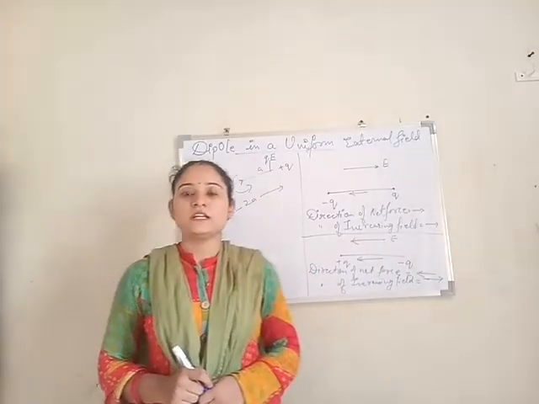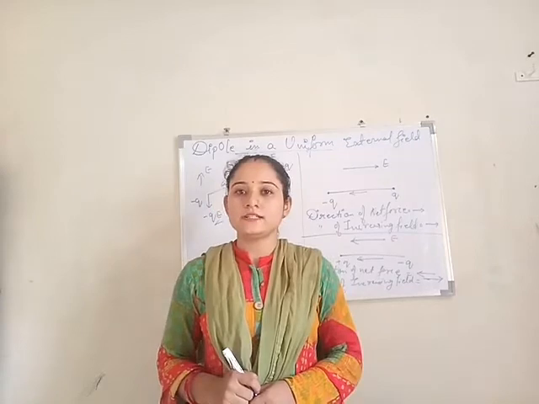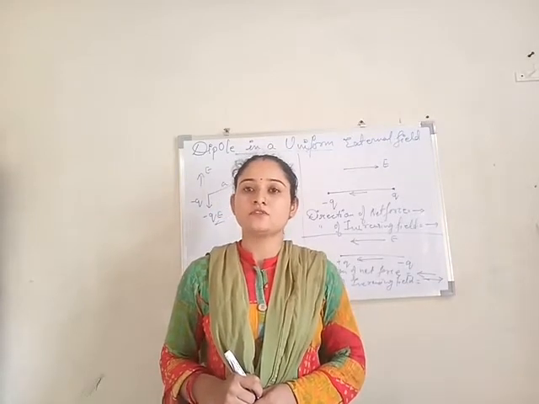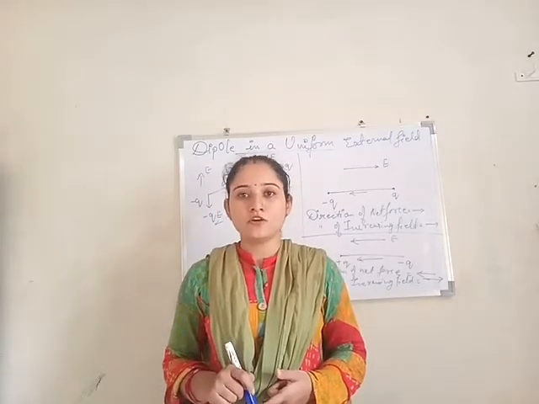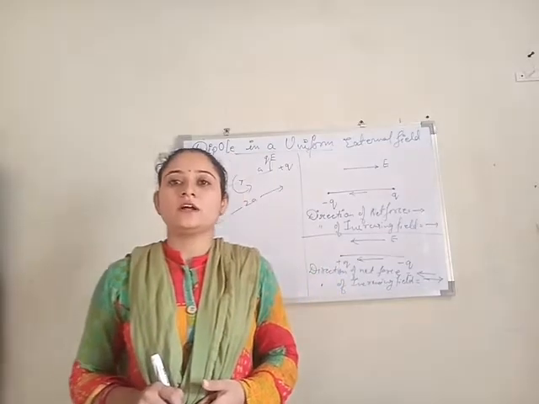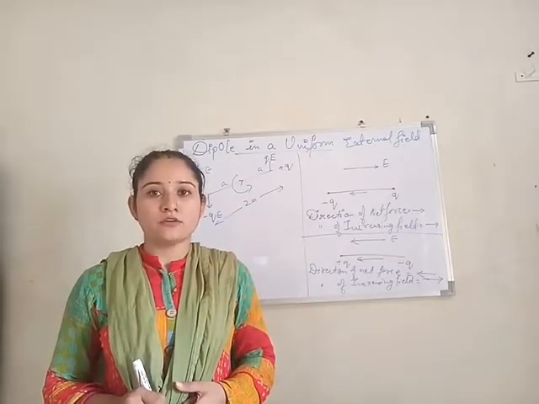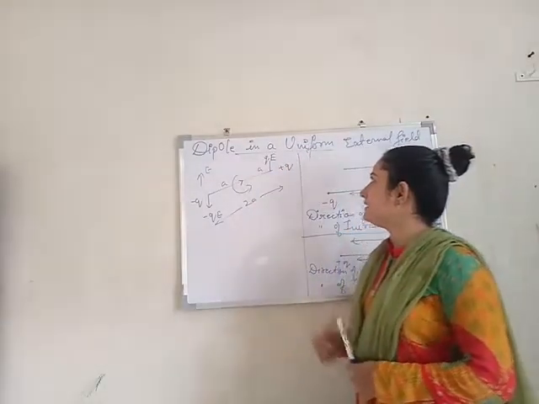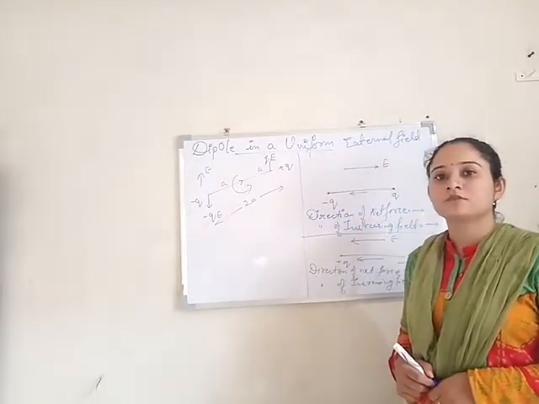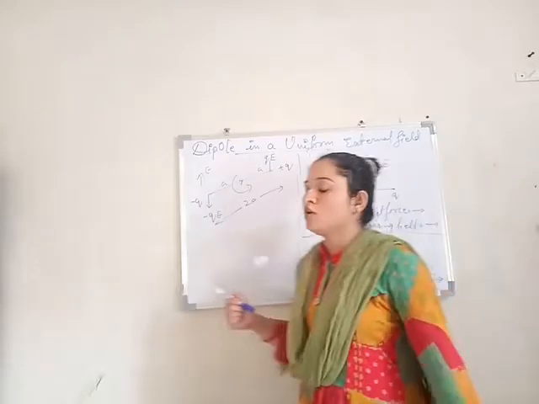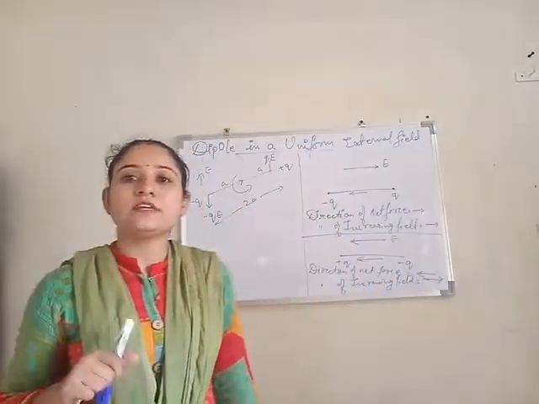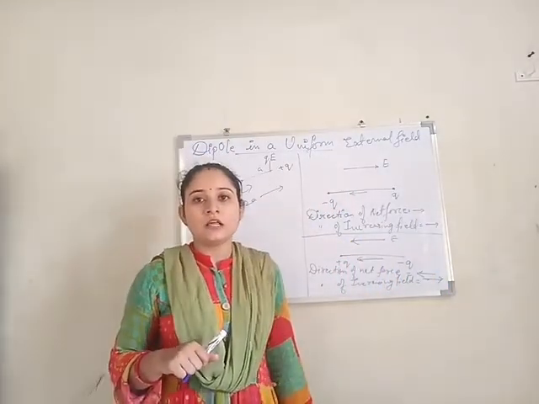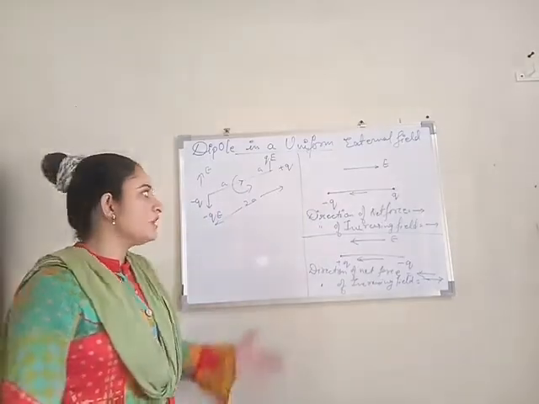We have studied what is a dipole, what is the physical significance of the dipole, and what is the value of electric field of a dipole at a point on axis and on equator. Now the next topic is the dipole in a uniform field. When a dipole is placed in a uniform external field, how does it behave?